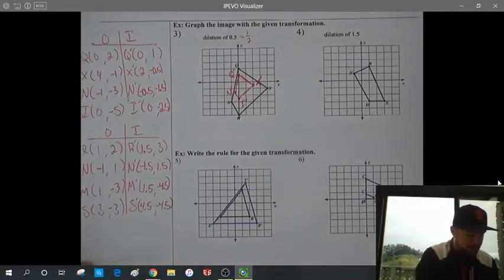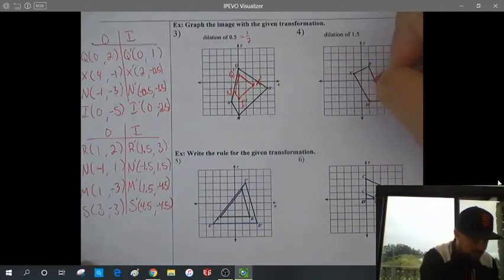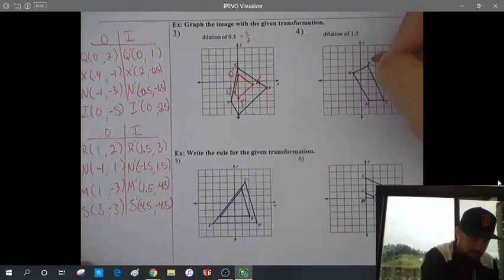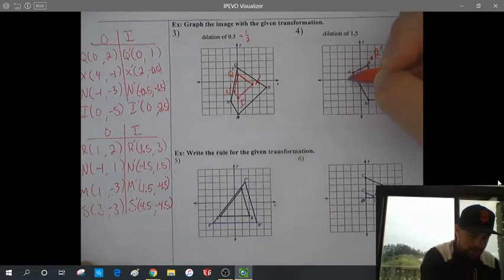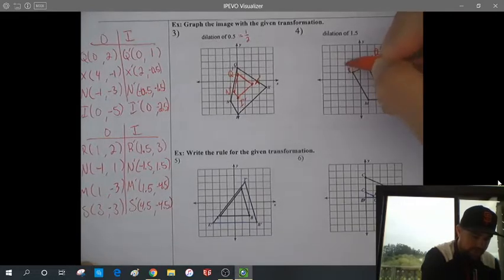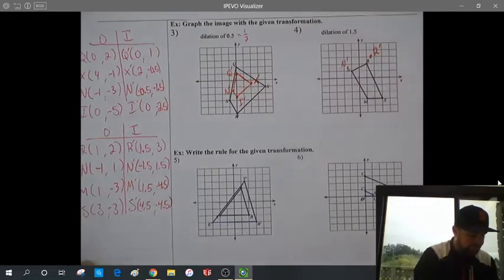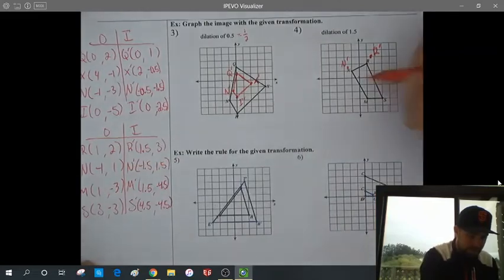Okay, so plotting those, we got R prime at 1.5 and then up to 3. Negative 1.5 up to 1.5 for N prime. M prime is 1.5 down to negative 4.5, so it's in the middle of a box here.